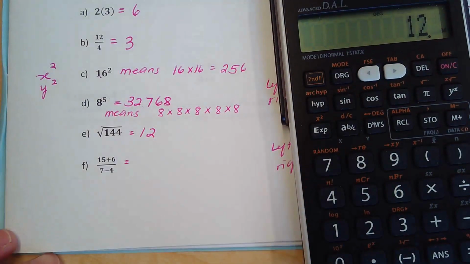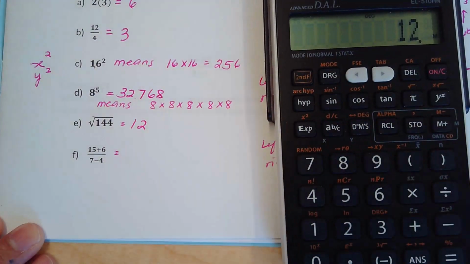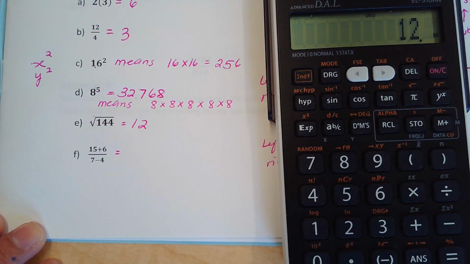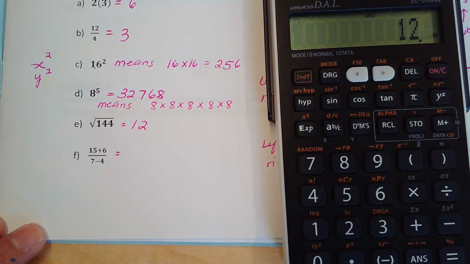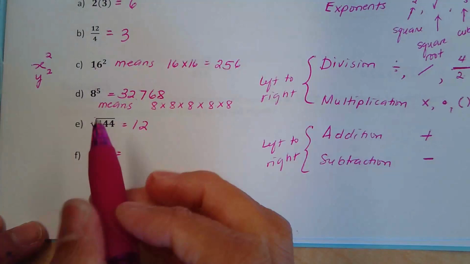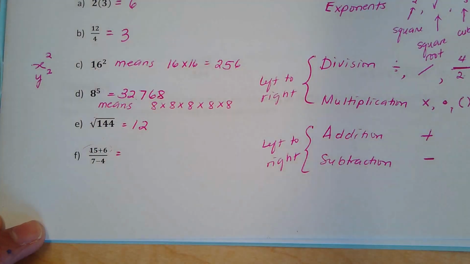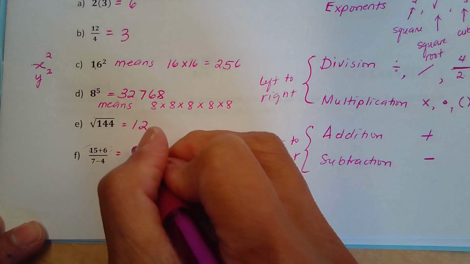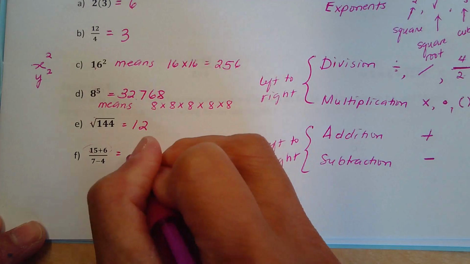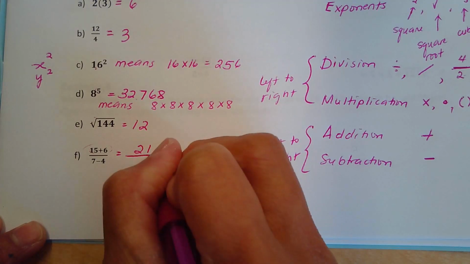This one is a little bit different, and I'm going to show you 2 things that we have to do first. The first thing is we're going to figure out the top number. What's 15 plus 6? 21. So that's the first one. Divided by.